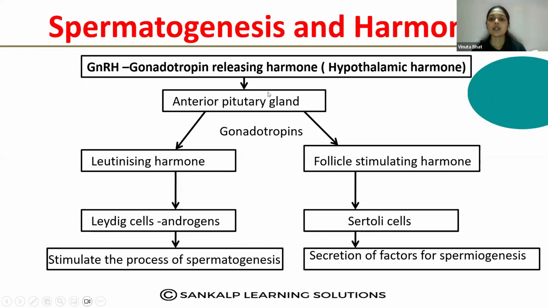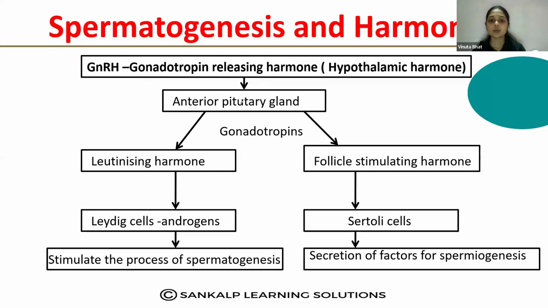Then spermatogenesis and the hormones. How do hormones control the process of spermatogenesis? Yes, spermatogenesis is also controlled by hormones. You know that gonadotropin releasing hormone, GnRH, is released from the hypothalamus.